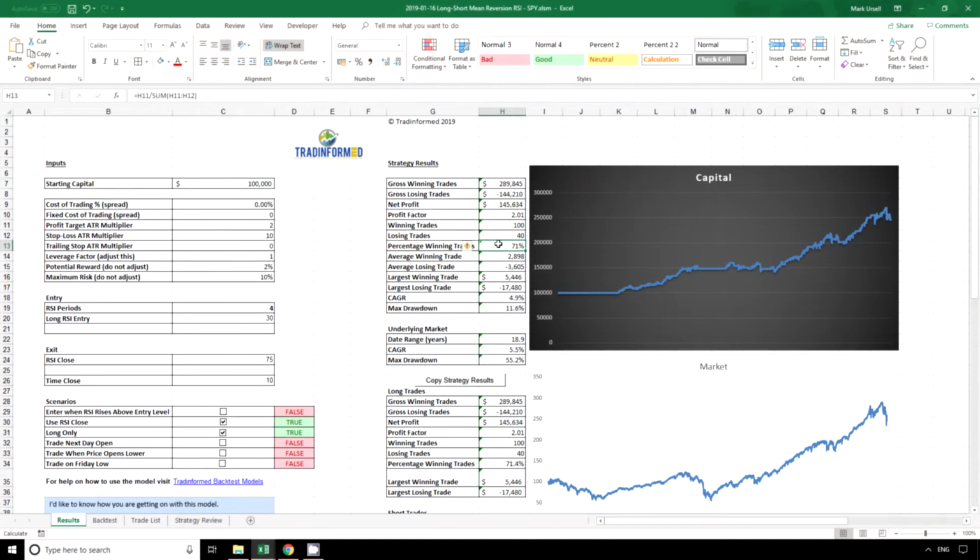You can see this particular scenario I've got here has got a 71% percentage winning trades. If you are the sort of person who wants to have regular but relatively small wins in your trading account, this is the type of strategy that you should be looking at.